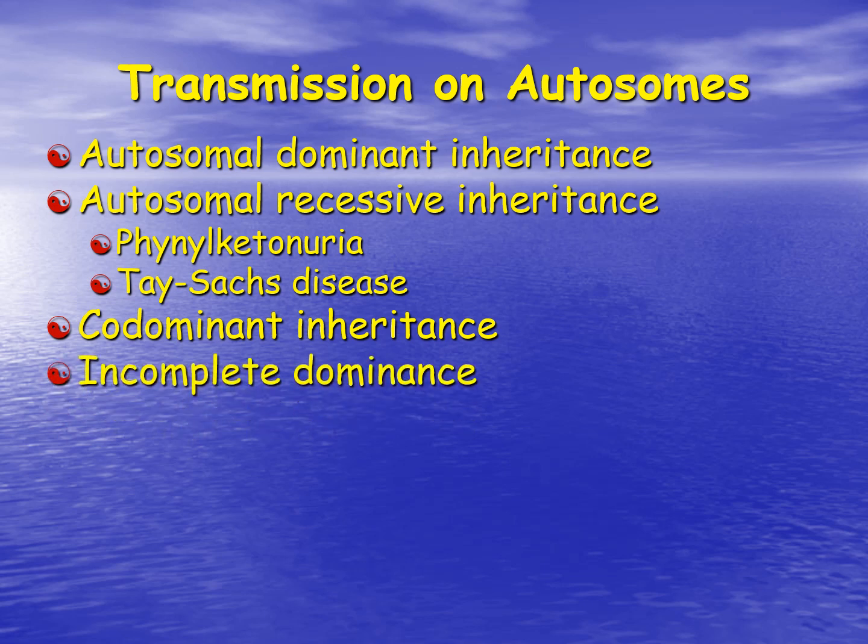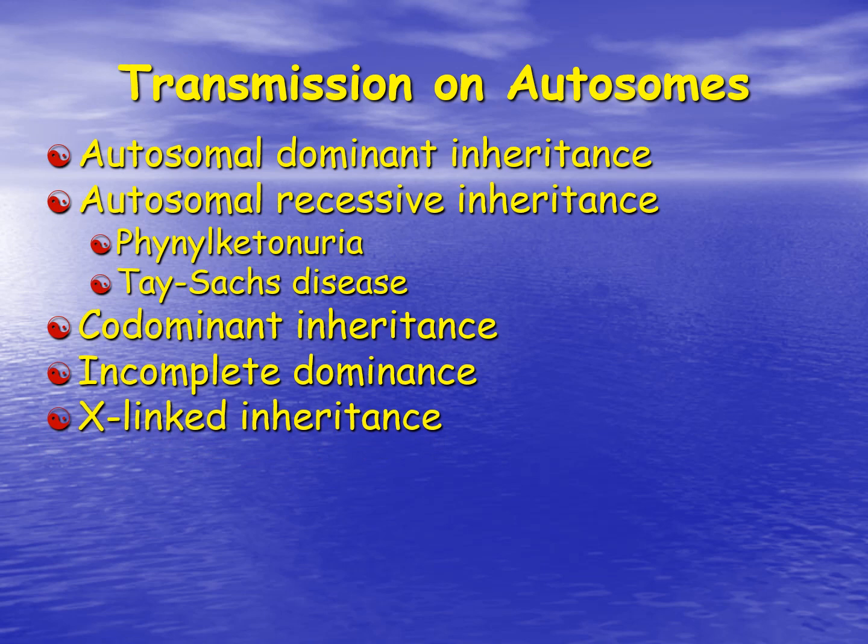Incomplete dominance is where both alleles are expressed, but now it is a mixture of the two. So no longer is it individual alleles. We see this actually in cattle. We can crossbreed a red cow with a white bull, and what we'll get is something called a roan. It's actually a mixing of the two colors that we see in incomplete dominance.